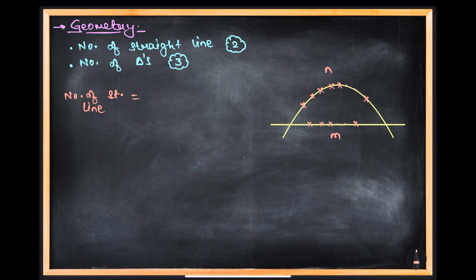So look at this, if you select 2 points from this non-collinear part, you will be able to draw a straight line, correct? Like this is a straight line, right? This is a straight line and so many others. So what we will do, we will take 2 points from the upper part.